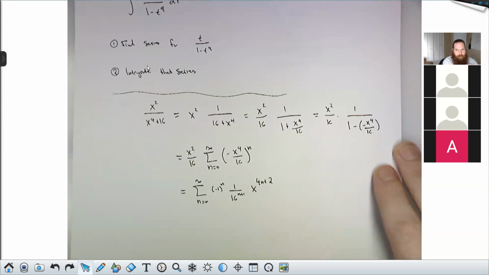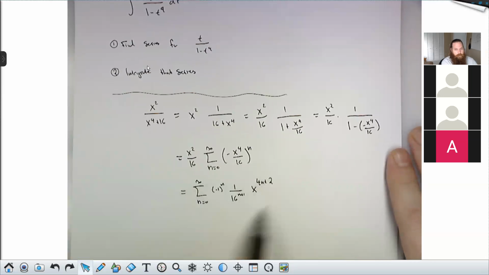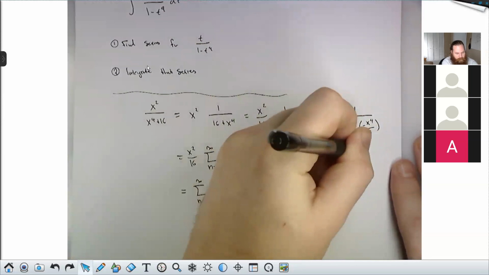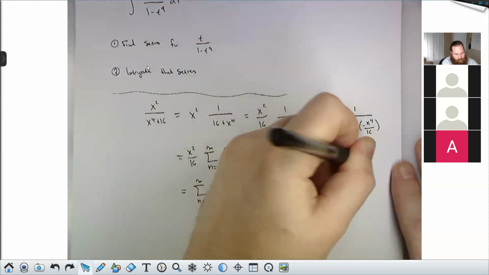There are two ways to find the interval of convergence here. You can run the ratio test on this, just treat it like any other power series. Or remember that you're using the geometric series trick with r equal to negative x to the 4 over 16.